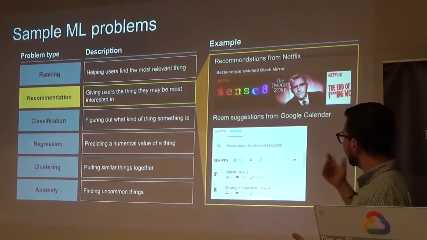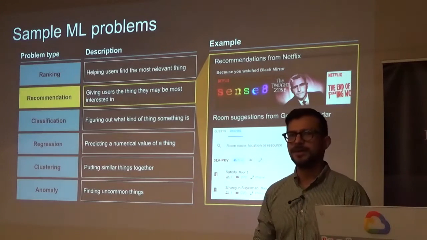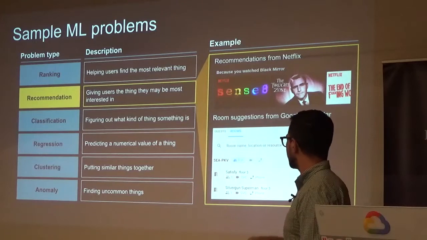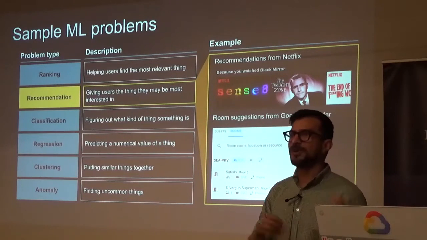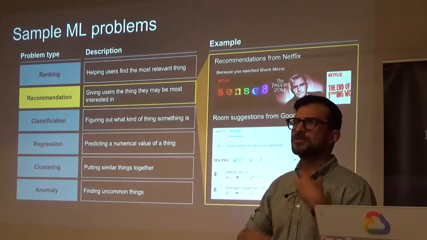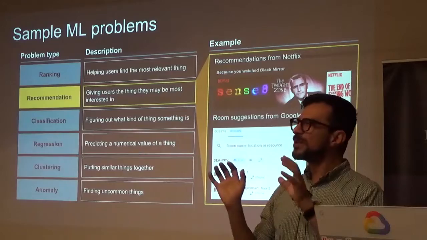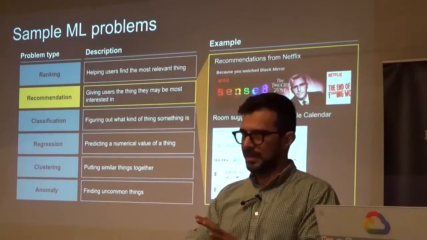You can use it in Google Calendar, which tries to predict what room you may want to set your meeting in based on previous times that you have set your meeting or where you are. So it's using multiple different variables to try to predict an outcome and saying, we think that this is what you want. We're not completely sure, but we think so.